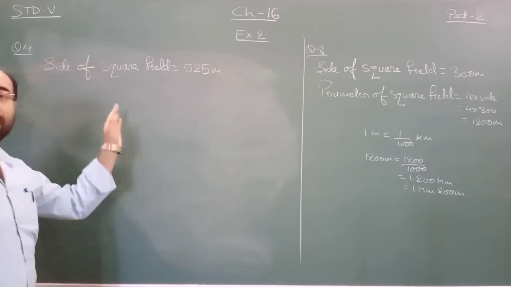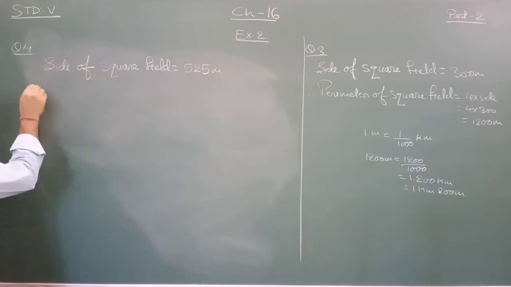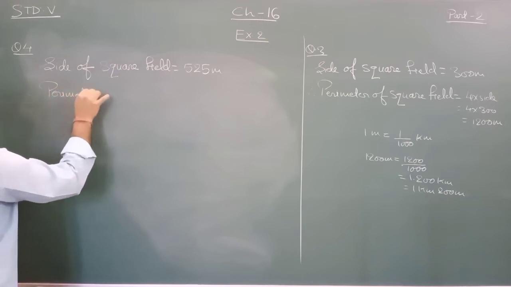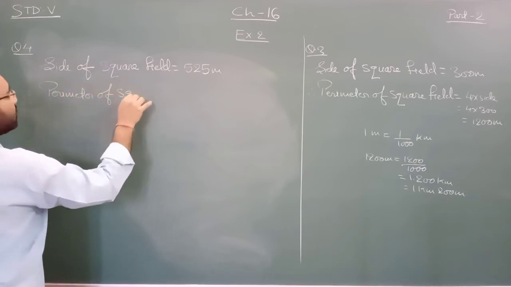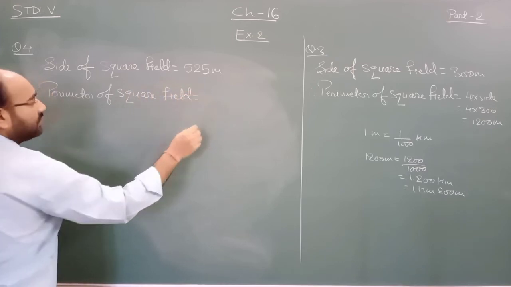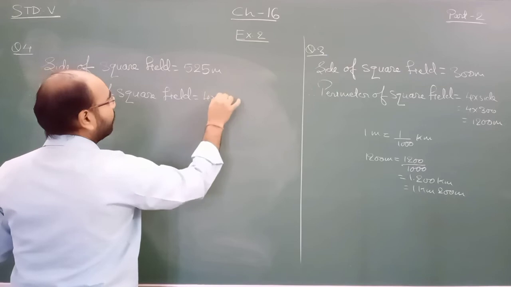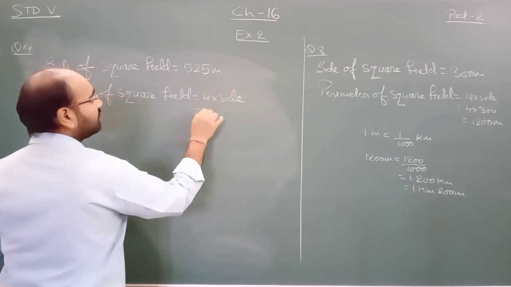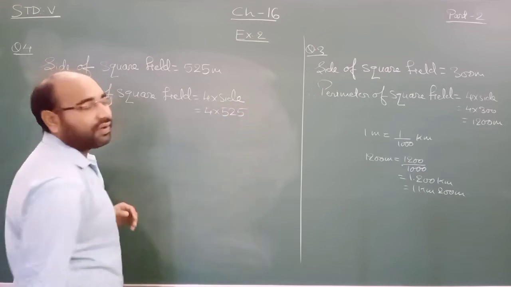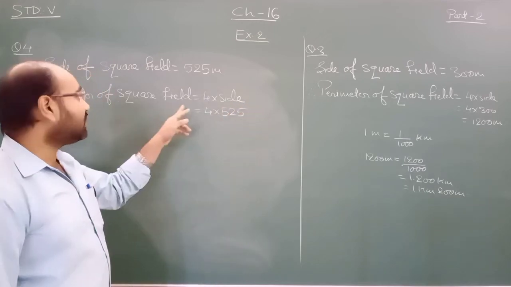This is the side of the square field. Now what we will find out? We will find out the perimeter of the square field. The formula we have to use will be 4 into side, so that will come to 4 into 525. This is just what we will find.